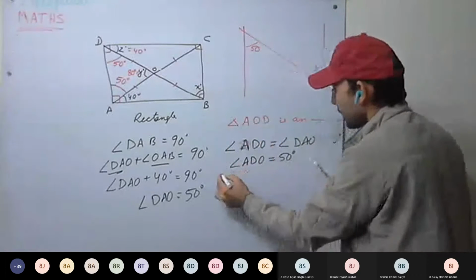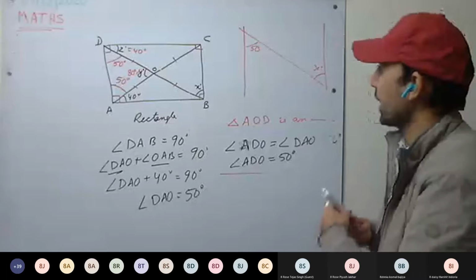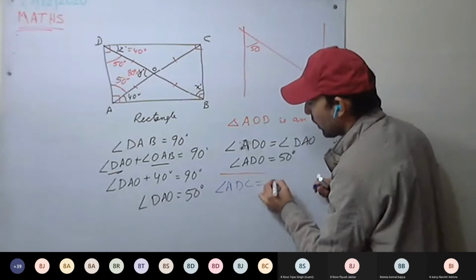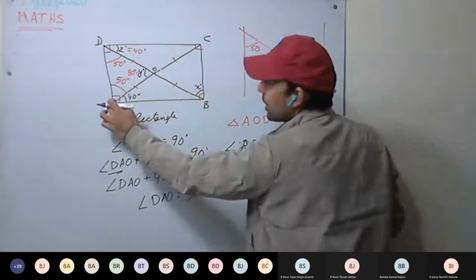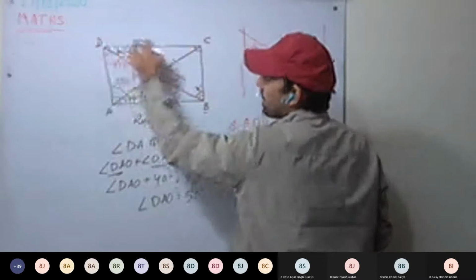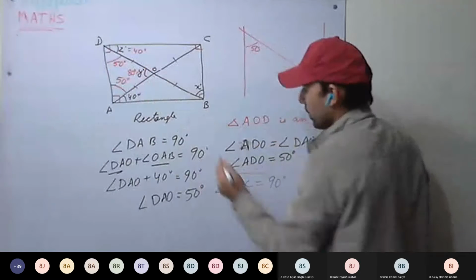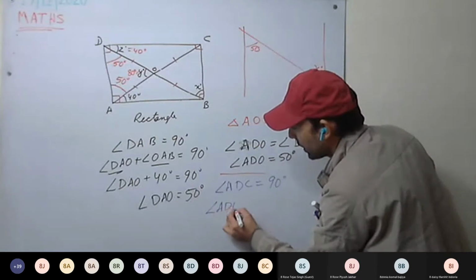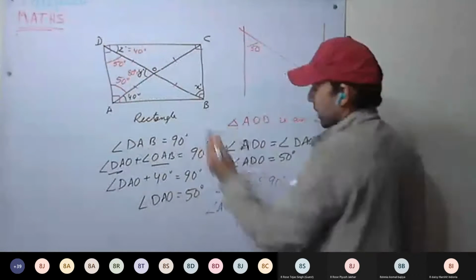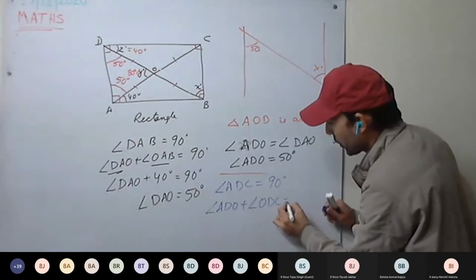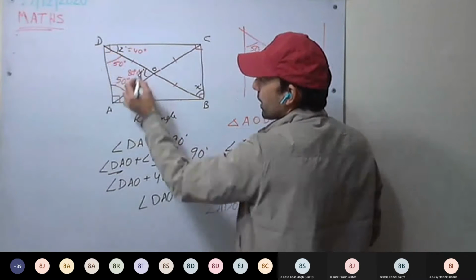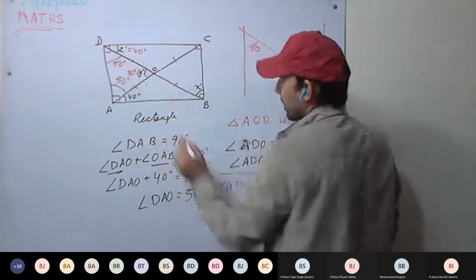So see here, for Z I'm using blue color. Angle ADC, it is how much? 90 degrees. Angle ADC we can write as angle ADO plus angle ODC, which equals 90 degrees.